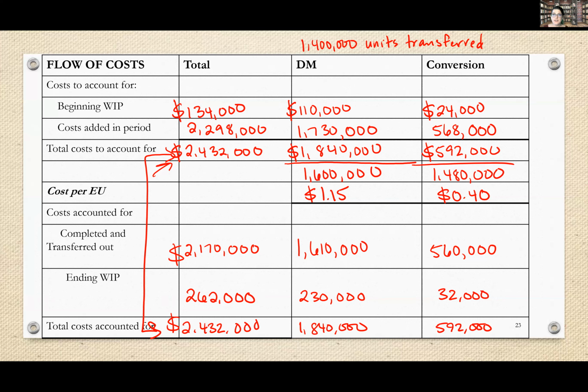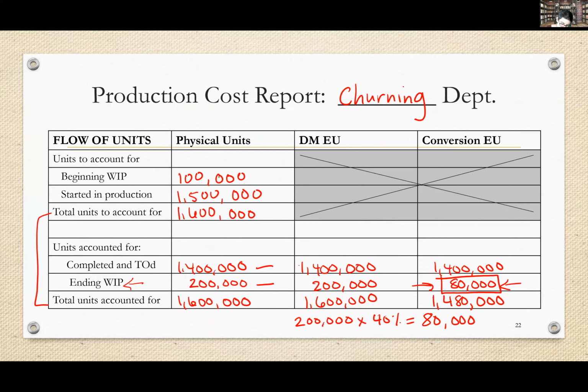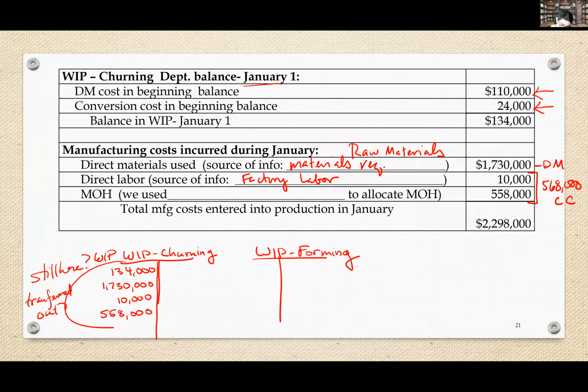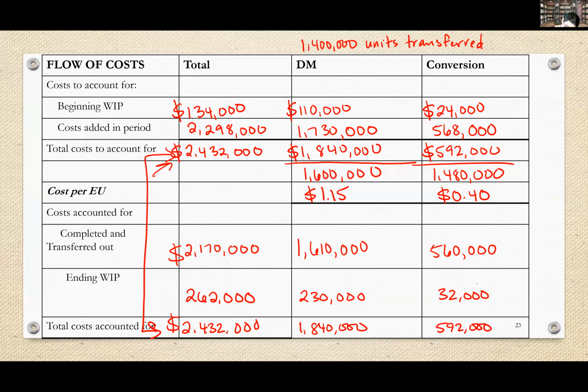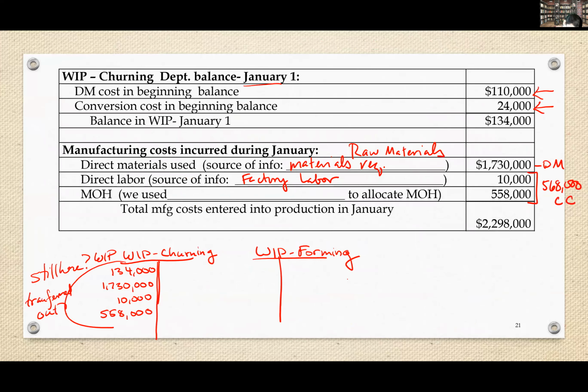So let's go back to those T accounts. Of the 2,432,000 that I have, total cost, I'm going to transfer out how much? I'm going to transfer out 2,170,000. Okay, so here's my 2,170,000. Those are completed and transferred out, and I'm going to move it over to my work in process forming.